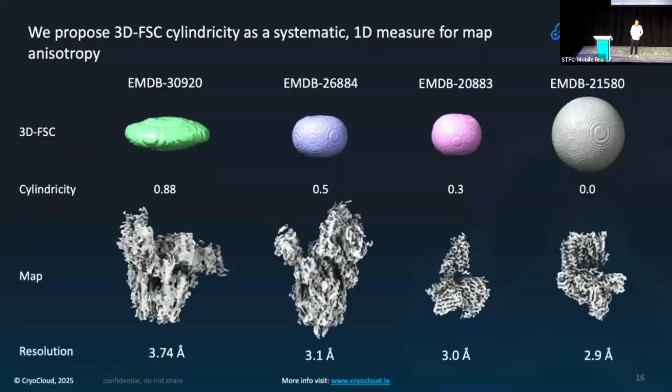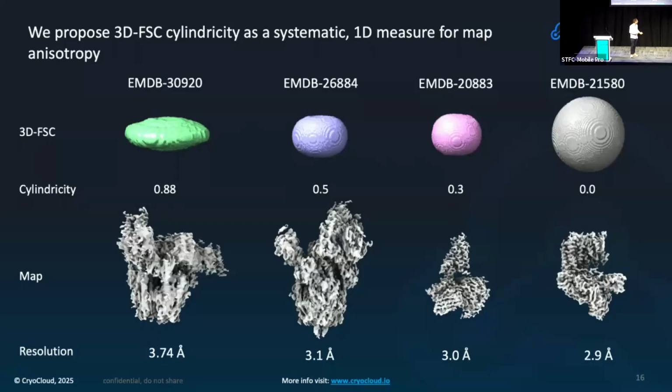If we now look at the related EMDB entry, you can see that for this SARS-CoV-2 spike protein on the left, nominal 3.7 angstrom resolution, but I think you would expect a better map at this resolution. You can see that it's highly anisotropic, and you don't see nice side chain densities that you would expect at this resolution. The second example at 3.1 angstrom, it's also a spike protein.